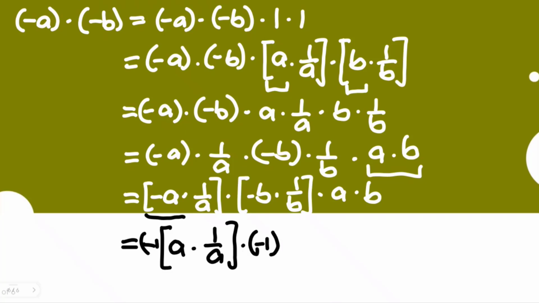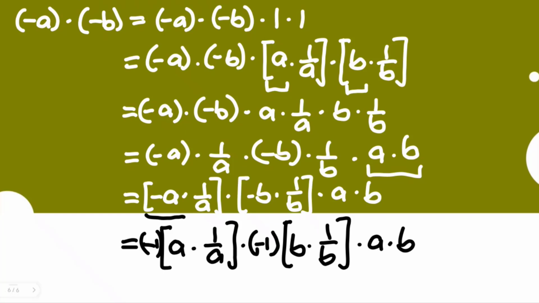With this, we can now see a certain negative factor which we could just take out. So we'll have negative, then a times 1 over a. Similar thing for the negative in b: negative 1, times b times 1 over b, times a times b.